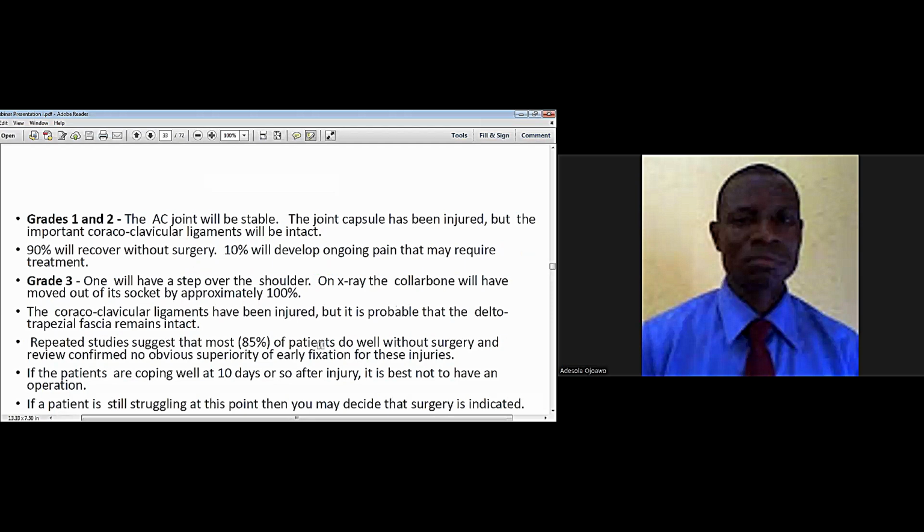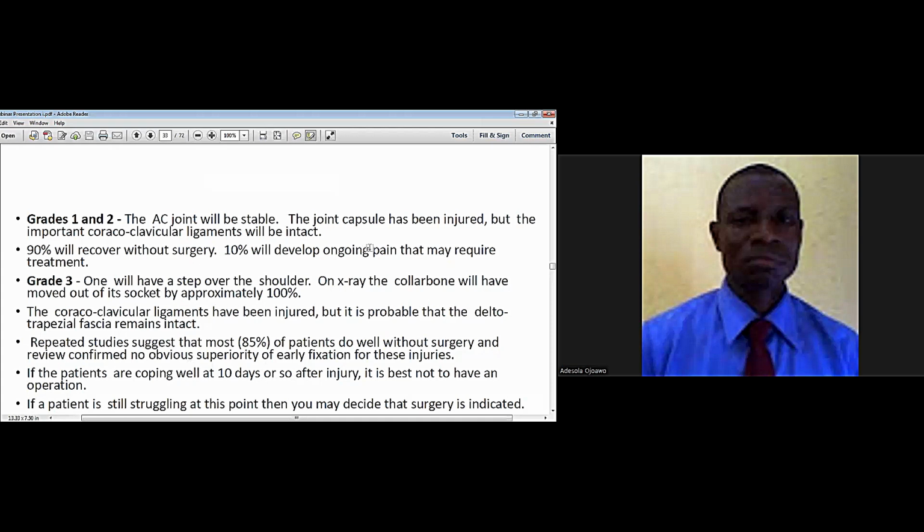Repeated studies suggest that most, that is 85% of patients, do well without surgery. They can still recover. If the patient does not have an operation, there can be recovery within 10 days.